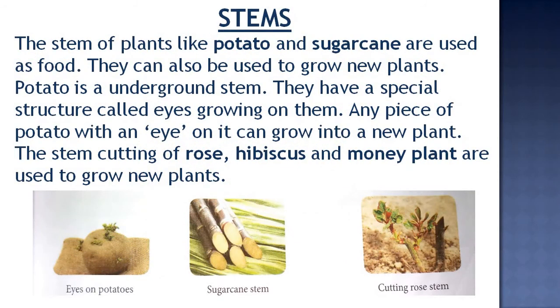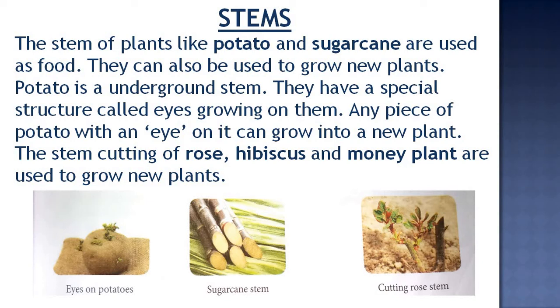Next is reproduction by stem. There are many plants like potato and sugarcane. They produce a new plant from their stem. As you know, the potato is an underground stem. It has a special structure called an eye growing on it. You might have seen sometimes on potatoes some white structure or sometimes green structure, that is an eye of the potato.